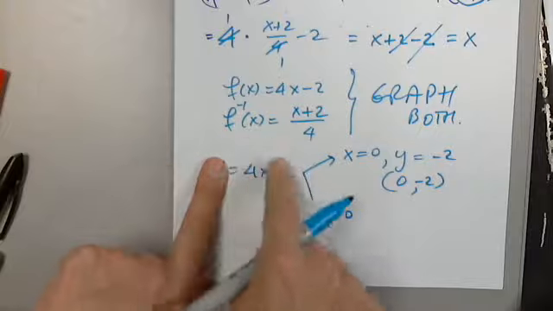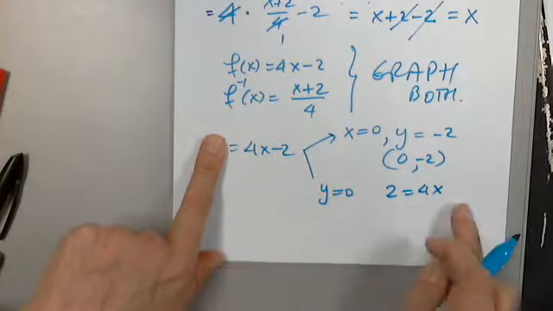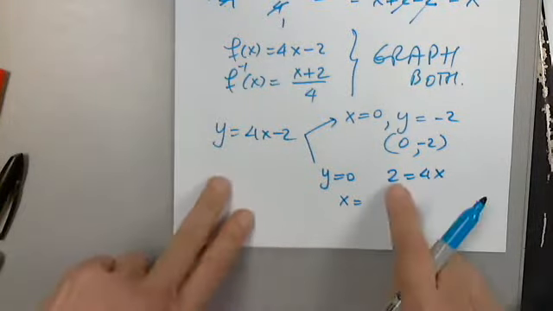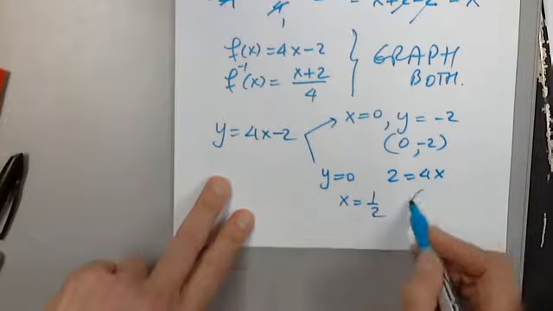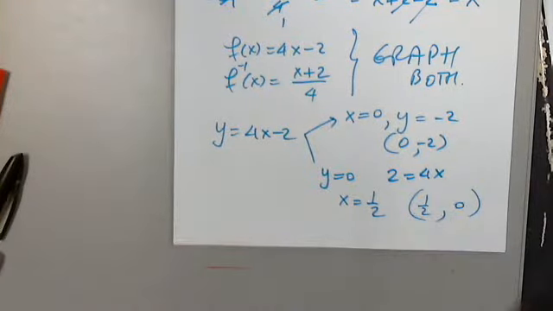So now I want when y is 0. I will move 2. So I have 2 equals 4x. And I divide both sides by 4. And I get x equals 1/2. And what is the ordered pair now? 1/2, 0. Very good. So let's graph.